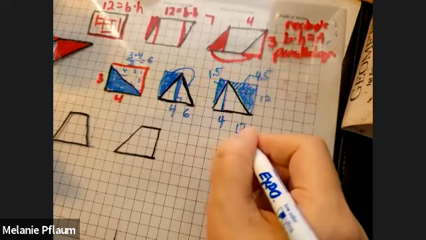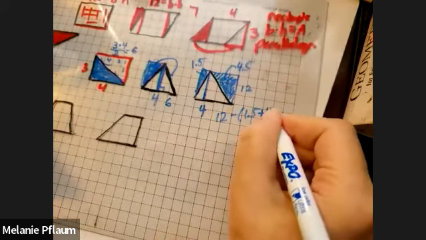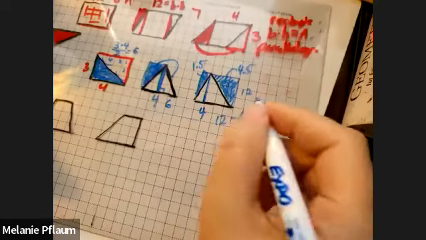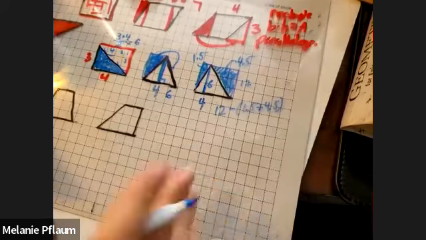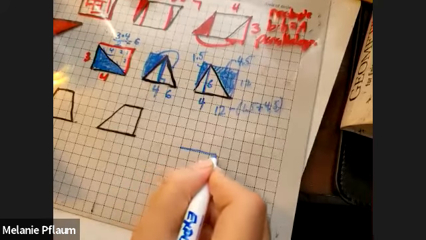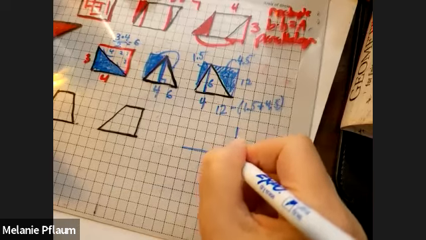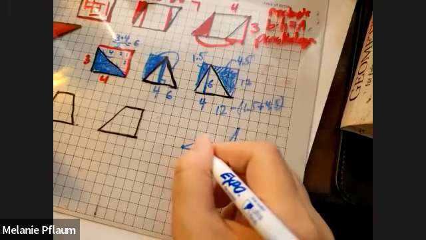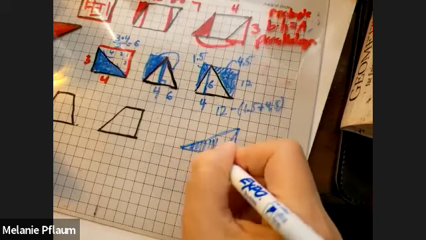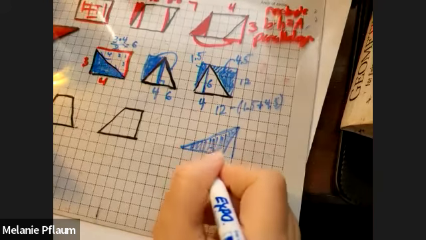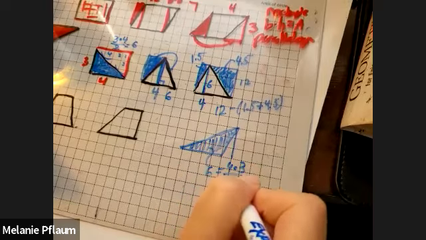So I'm going to get 12 minus 1.5 minus 4.5, or 12 minus 6, there's going to be 6 squares left in here. So anytime I have a 4 this way and a 3 anywhere this way, and I make that into a triangle, the area of this blue triangle is going to be 6 because it's 4 multiplied by 3 divided by 2.